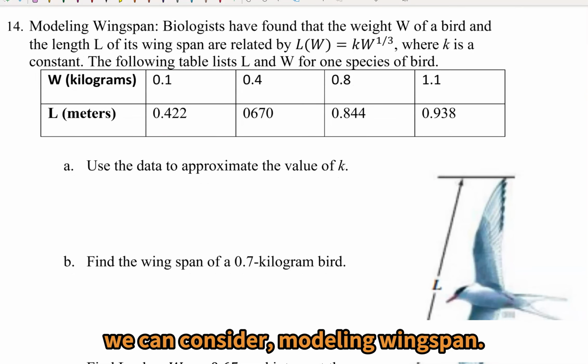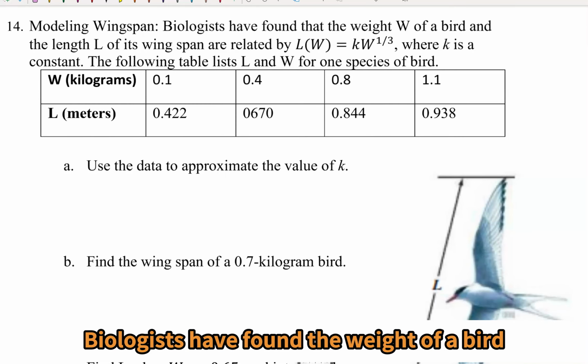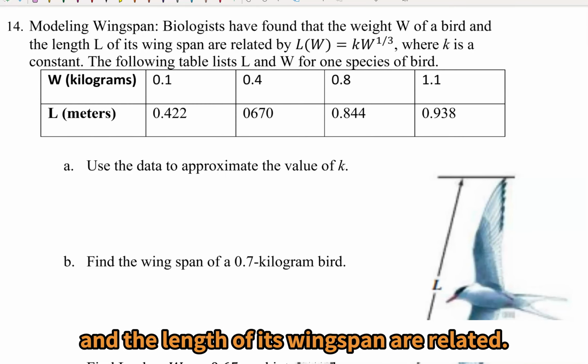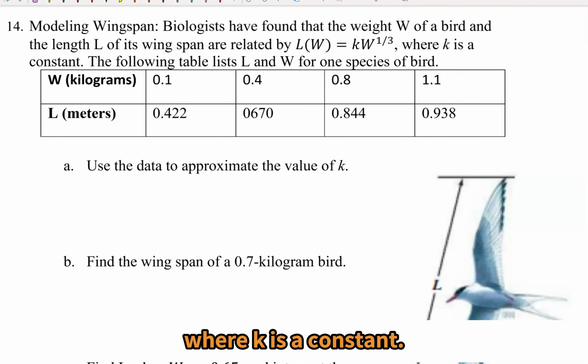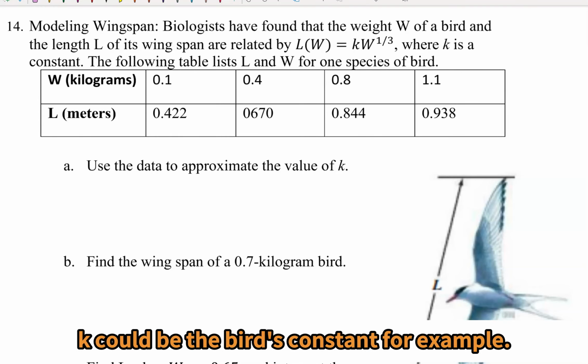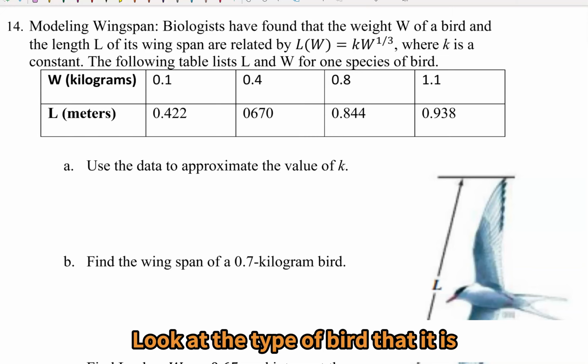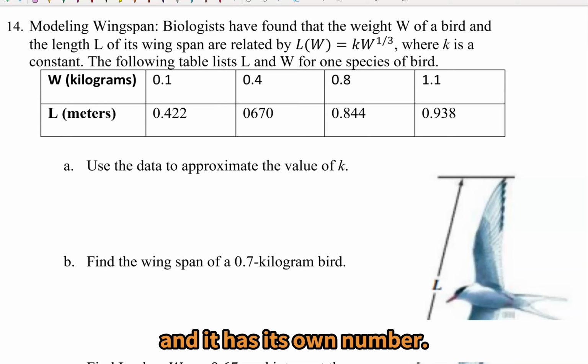Here's another example we can consider, modeling wingspan. Biologists have found the weight of a bird and the length of its wingspan are related. So L of W equals K times W to the 1/3, where K is a constant. K could be the bird's constant, for example. We look at the type of bird that it is, and it has its own number.